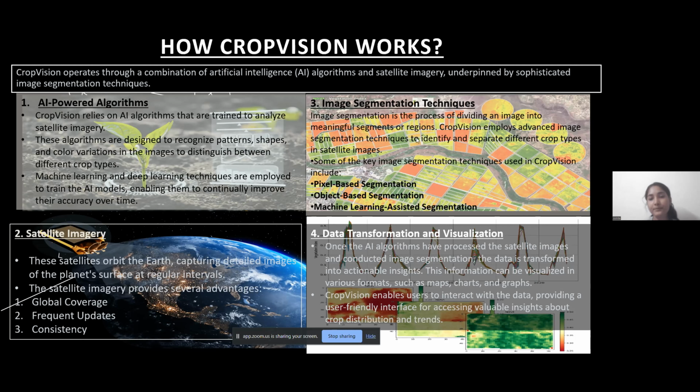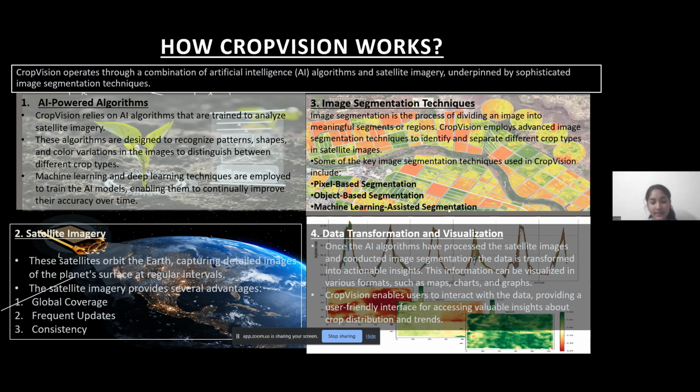And some of the key image segmentation techniques Crop Vision has are pixel-based segmentation, object-based segmentation, and machine learning assisted segmentation. Pixel-based segmentation involves categorizing individual pixels in an image into different classes based on their color, intensity, and other characteristics.